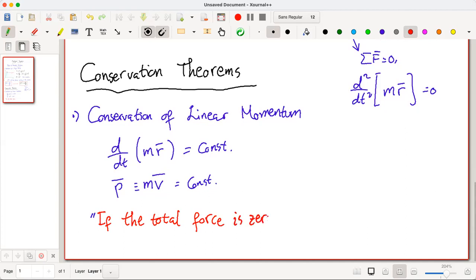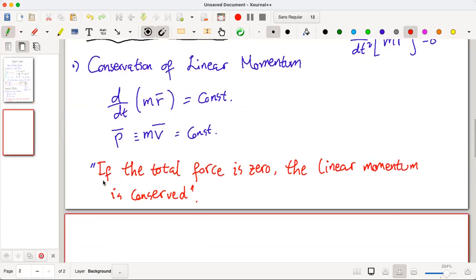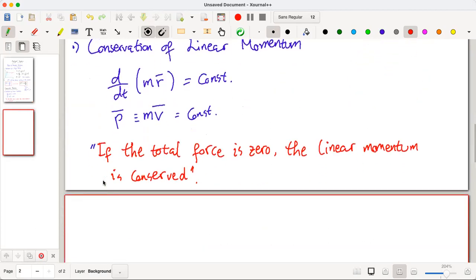If the total force is zero, the momentum is conserved. As simple as that. The linear momentum, I should say, is conserved. All right. So this is quite evident. I can just move to the next thing.